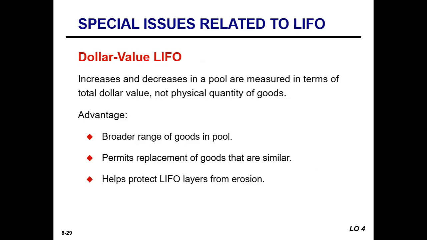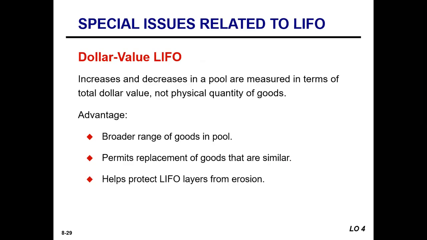And it does show us examples of this in your textbook, of course, but the dollar value LIFO method determines and measures any increases and decreases in a pool of products in terms of total dollar value, as opposed to the physical quantity of goods in the inventory pool.